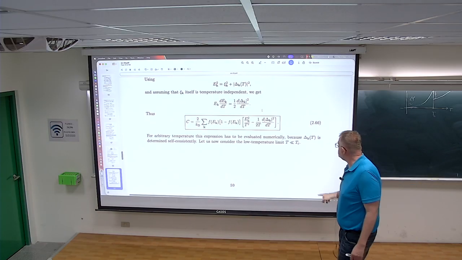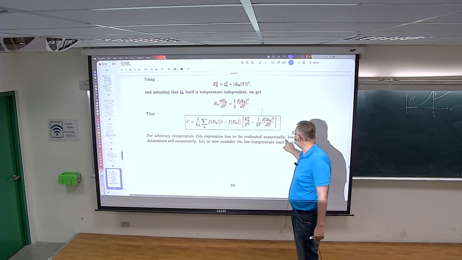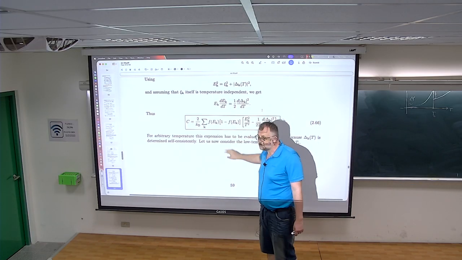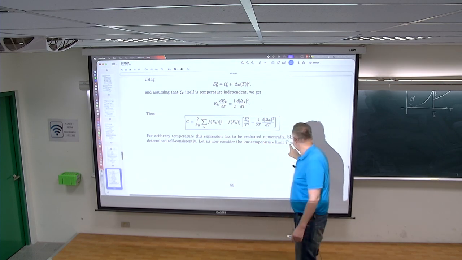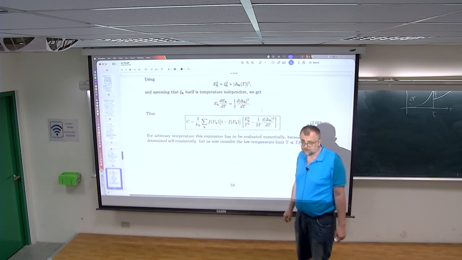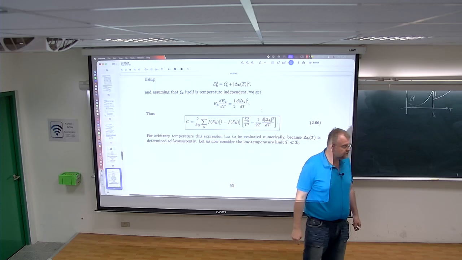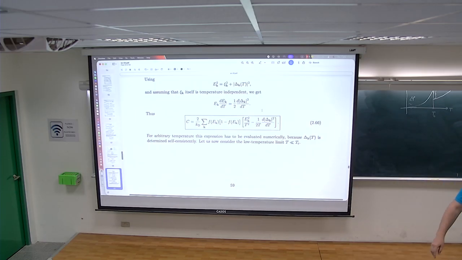We will see that if my temperature is much, much smaller than T_C, then this thing is effectively some exponential. And if T is close to T_C, then we will see this gap. You use the definition, and you just manually put the things in. So this is just the boring calculation in some sense.